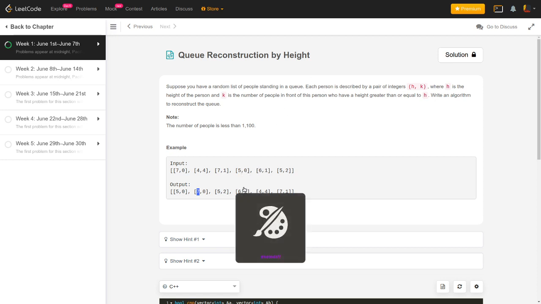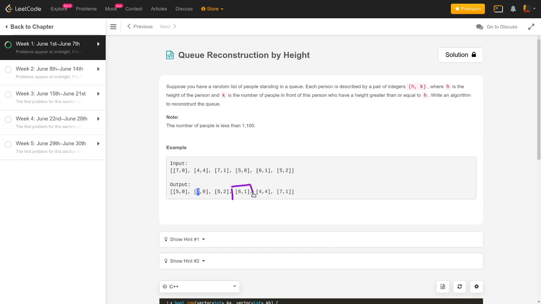For example, consider this particular pair 6 comma 1. How many people are there in front of this 6 who have a height greater than or equal to 6? If you see, only 7 comma 0 is there. Only this person with the height of 7 has a height greater than or equal to 6. So only one person, and that is why we have this pair 6 comma 1.